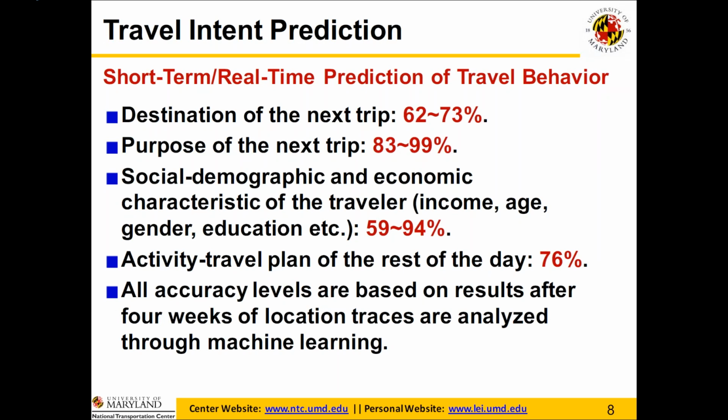We're actually doing prediction using real-time data and using historical data for more accuracy. But the prediction does not stop at traffic prediction. We also do a lot of travel intent prediction nowadays with a lot of passively collected data from cell phones, from smartphone apps.